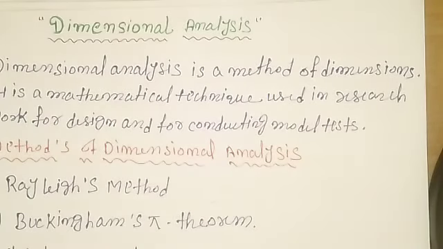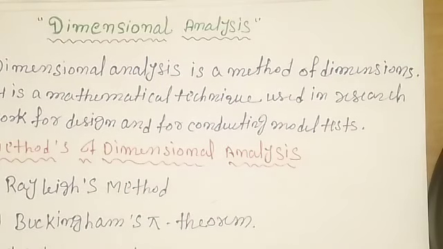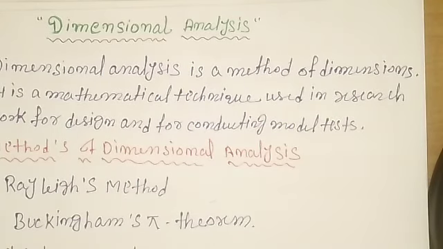There are two methods by which you can establish such relations: one is the Rayleigh method and the second is the Buckingham pi theorem. In detail, in this video we will see only the Rayleigh method. The Rayleigh method is very fundamental and basic, and it is applicable only when the number of variables is limited to 3 to 4.